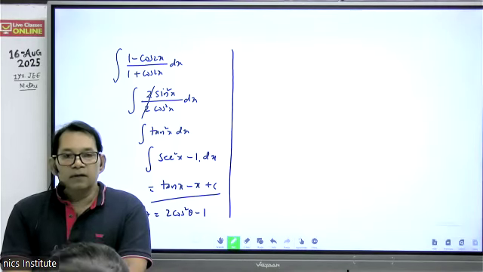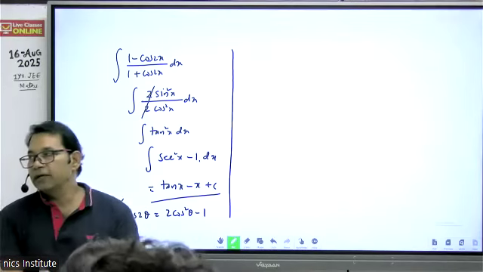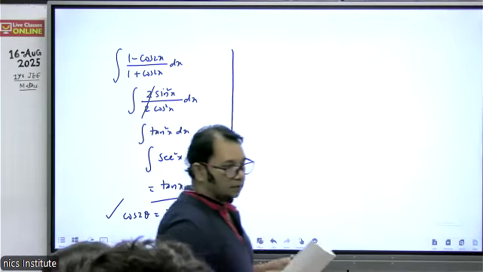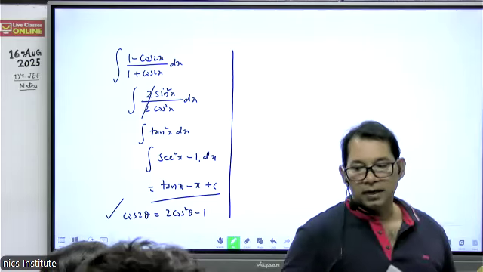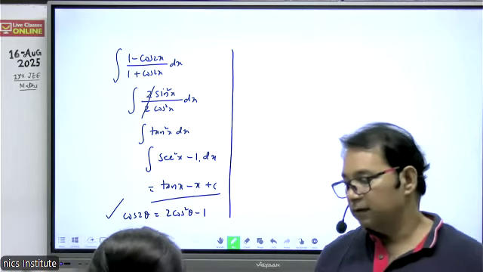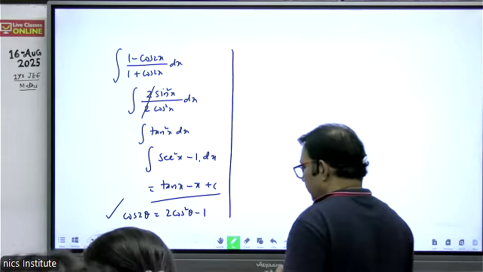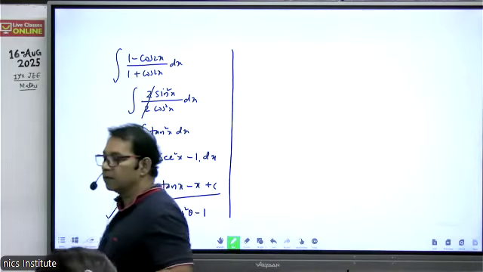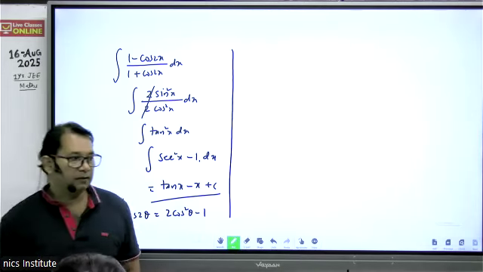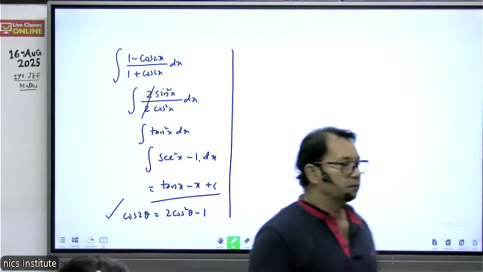Then convert tan square x into sec square x minus 1. Split it, writing tan x into sec square x minus 1. Then open the brackets, and in the first part substitute sec x as t. Okay, sir.